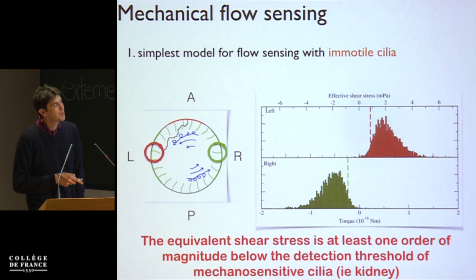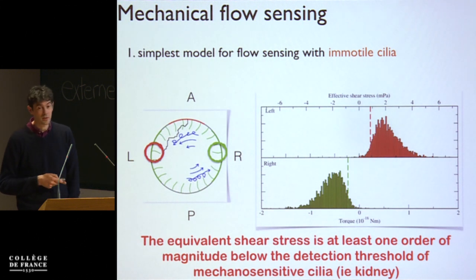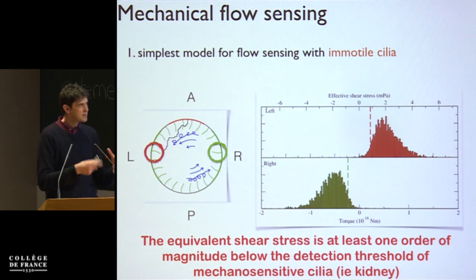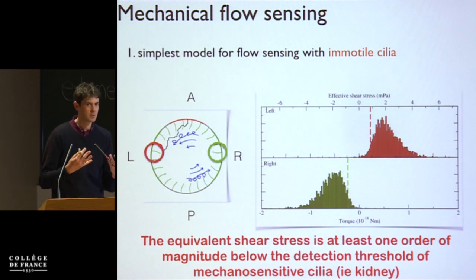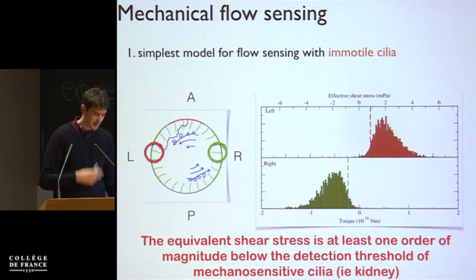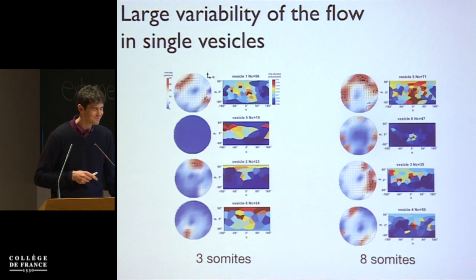We could then compare with known mechanosensors, at least cilia-mediated mechanosensation, and we could see that the flow generated in the vesicle is at least 1 order of magnitude lower than the detection threshold found in developing kidneys. So mechanosensing requires an extremely sensitive mechanism, which to date hasn't really been described, at least in that context.